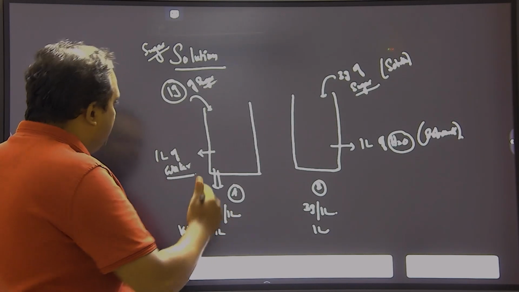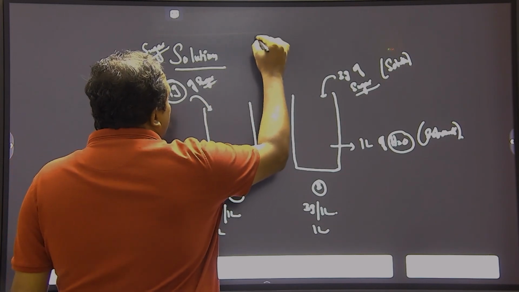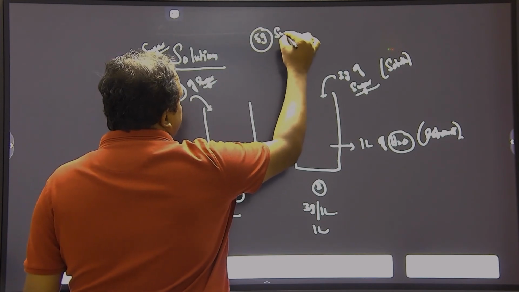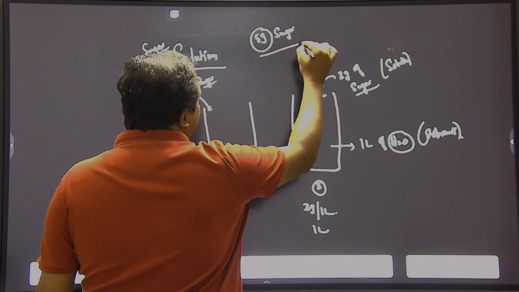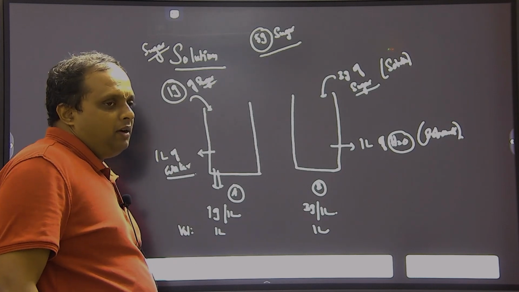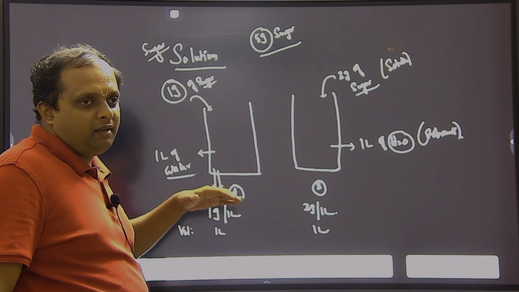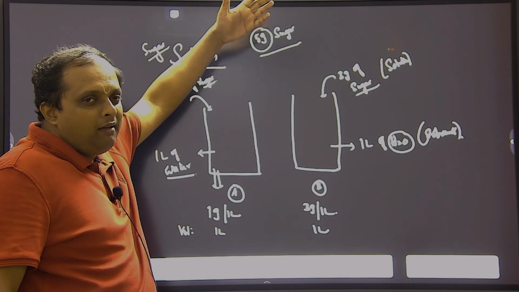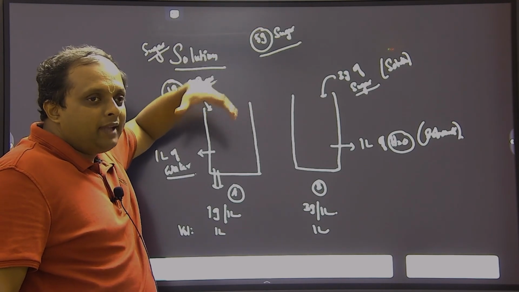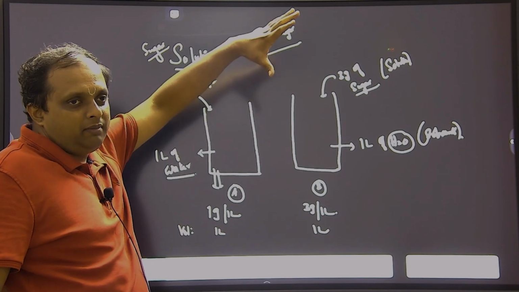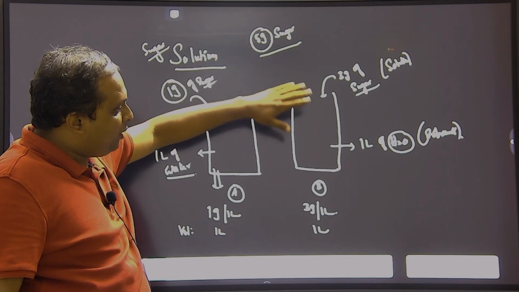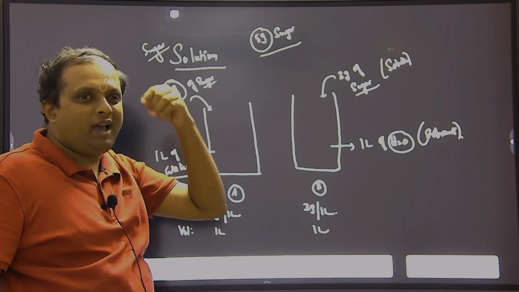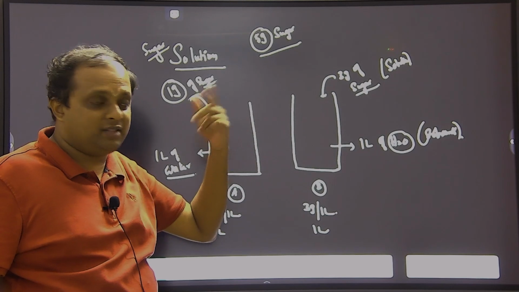So let us assume, say, 5 gram of solute, that is sugar, will be the maximum dissolution point. Anything you add above 5 gram cannot be dissolved by the solvent. Whatever solvent molecules are available in 1 liter can maximally dissolve 5 gram of sugar. It's a simple assumption. It may not be a fact, but it's a simple assumption.